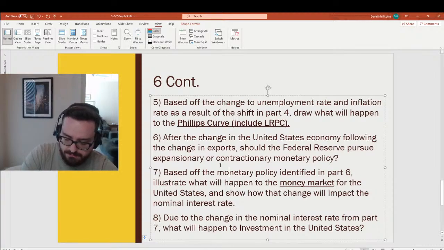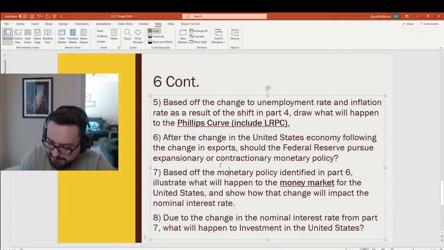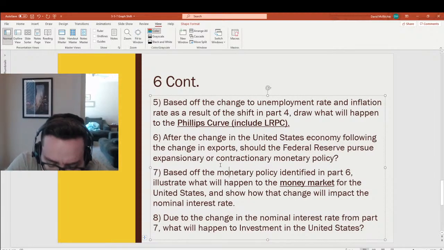Okay. Money market graph time. The money market graph has quantity of money as your x-axis and the nominal interest rate as your y.